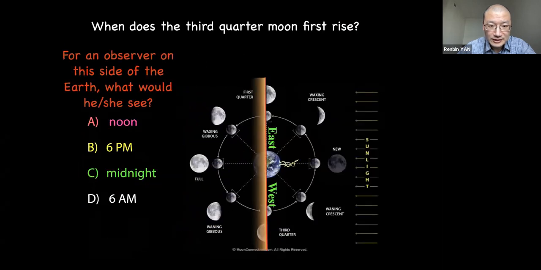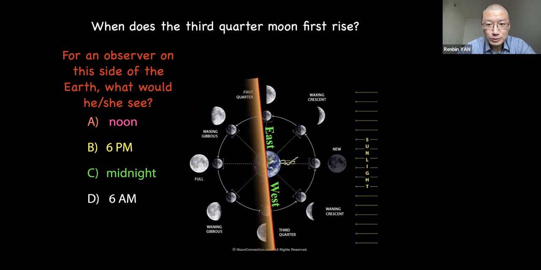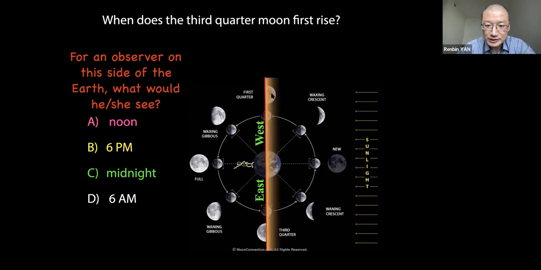So this is, again, when does the third quarter moon first rise? The moon has to be on the horizon for that to happen, right? This is not the time. The third quarter moon is over here, and because the horizon is rotating in the counterclockwise direction, it's actually going from above to below. This is the time when the third quarter moon is setting. And if you choose the other side, this is when the third quarter moon is rising above the horizon.